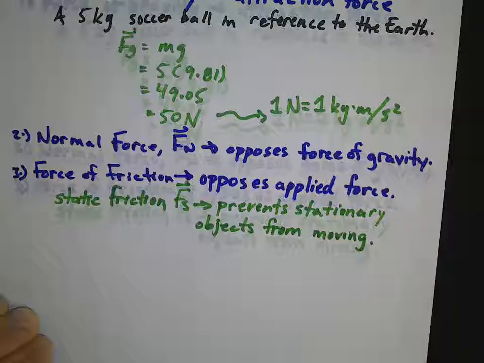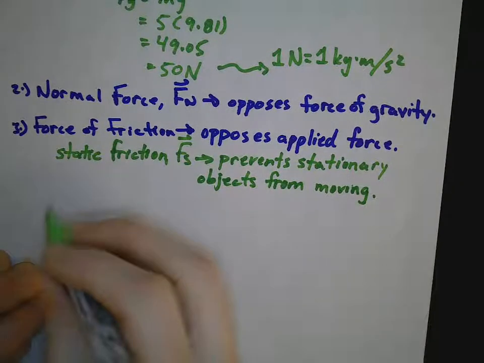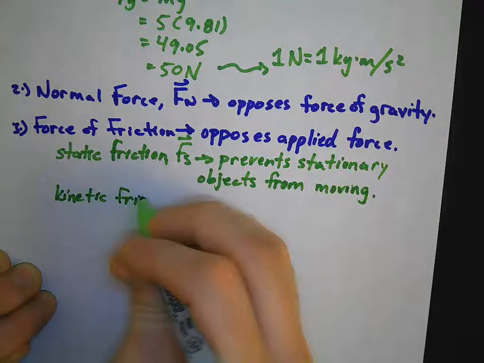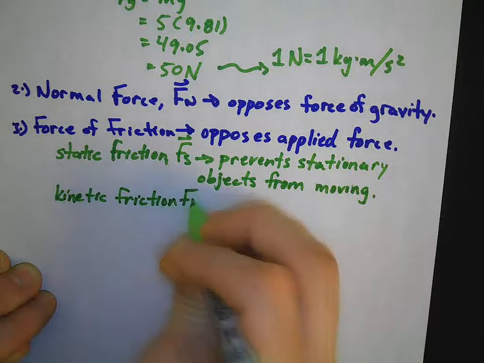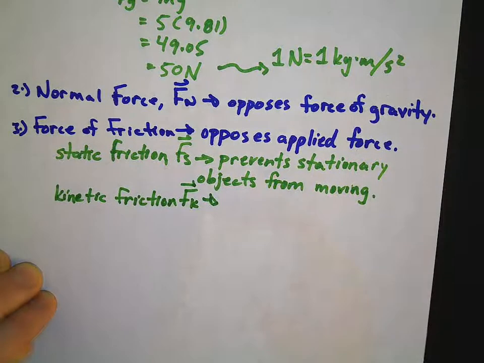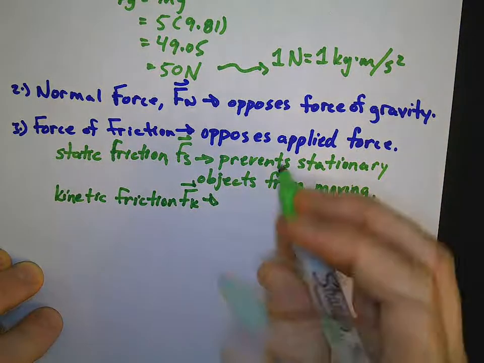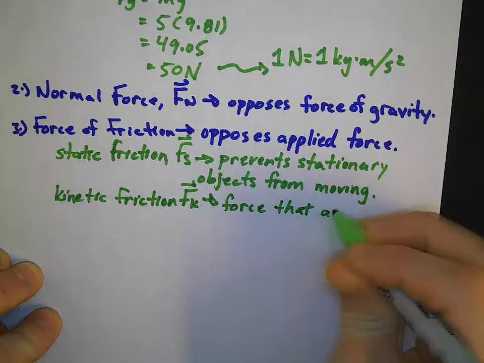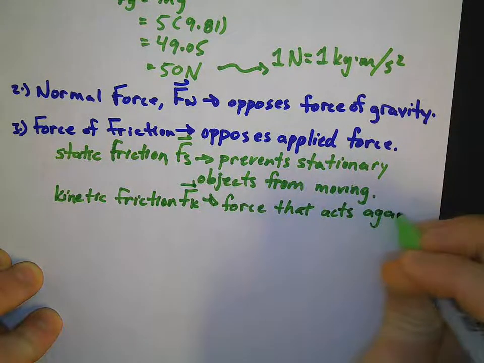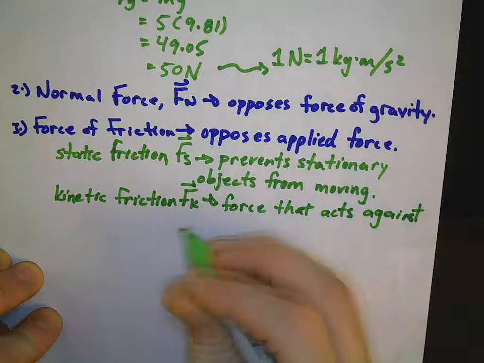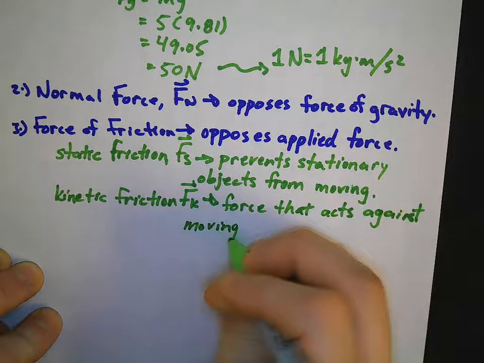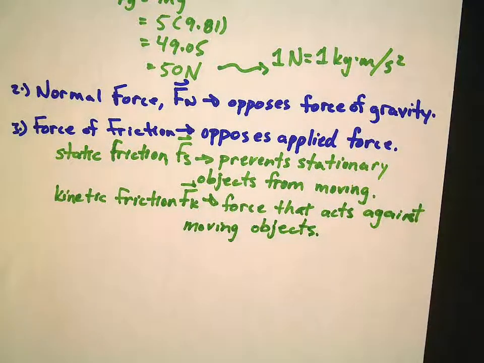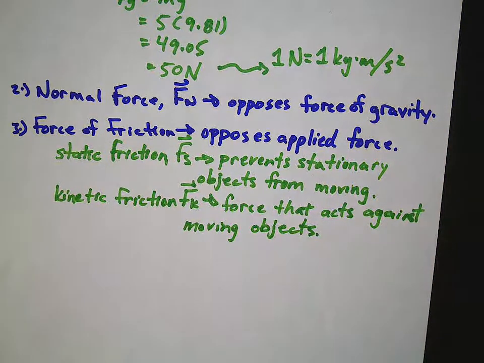We have our kinetic friction, Fk, and that is a force that acts against moving objects, trying to cause that moving object to slow down.